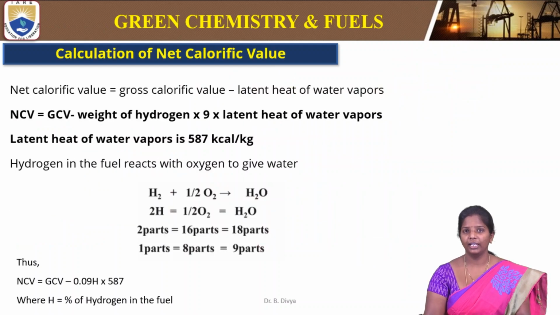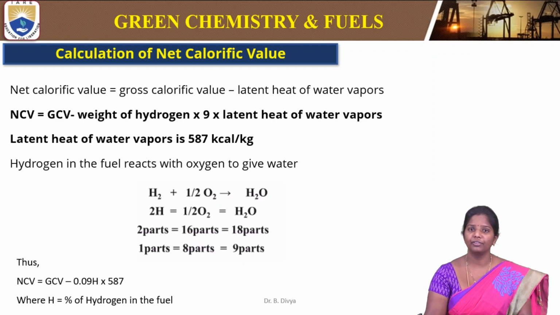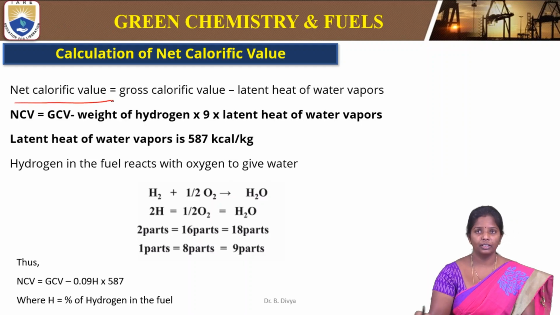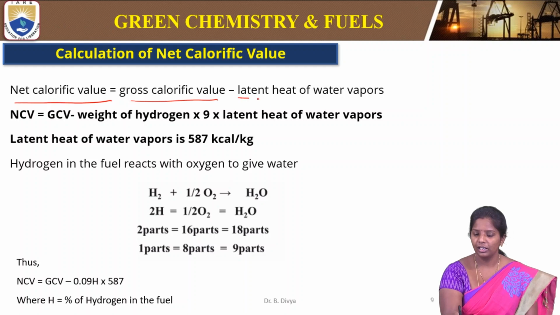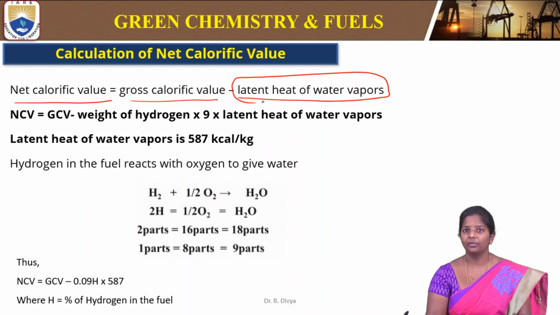If we want to calculate the gross calorific value or the net calorific value of a particular fuel, what do we have to understand? Net calorific value, when there is an escape, means the gross calorific value minus the latent heat of the water vapors we are allowing to escape. So we have to subtract it from the gross calorific value. That gives the net calorific value of a particular fuel.